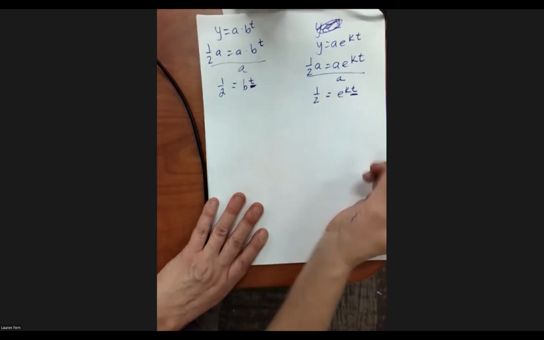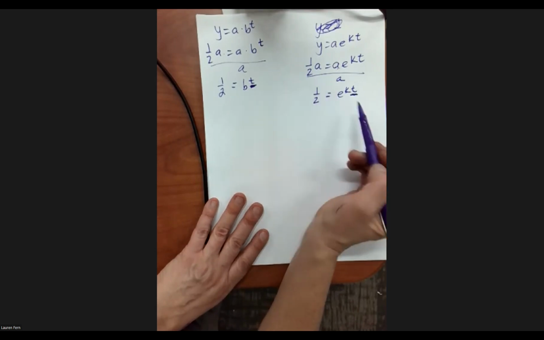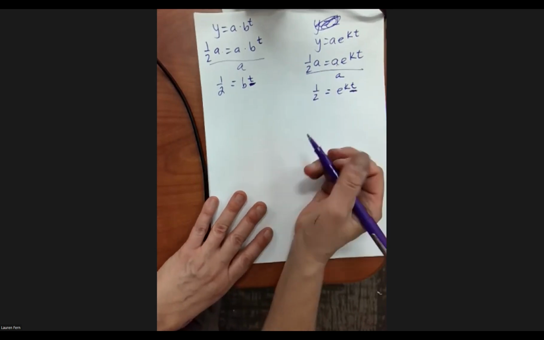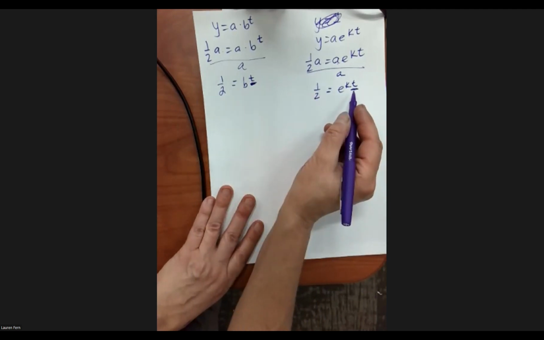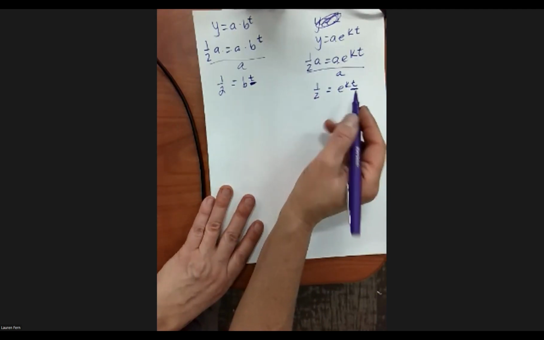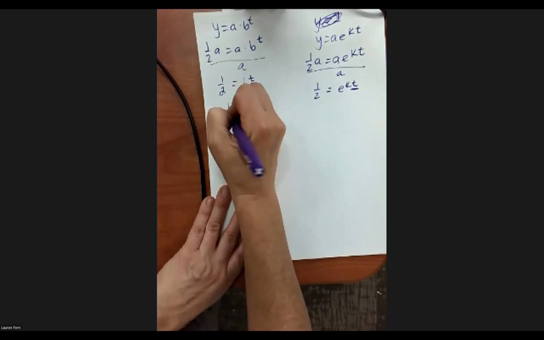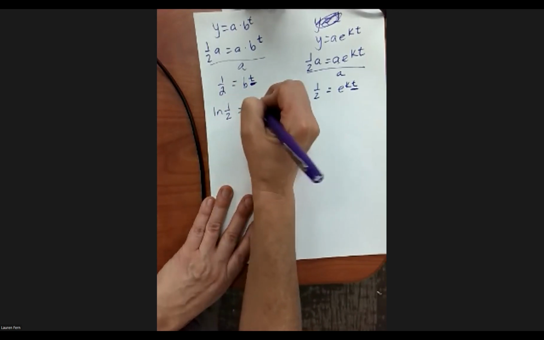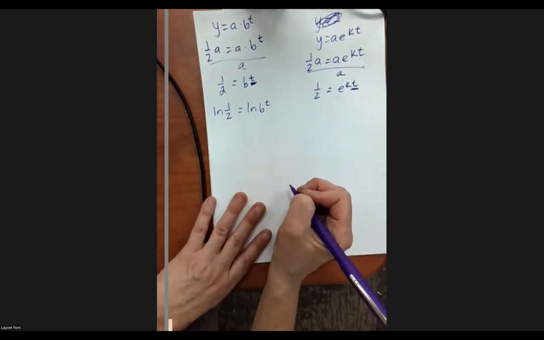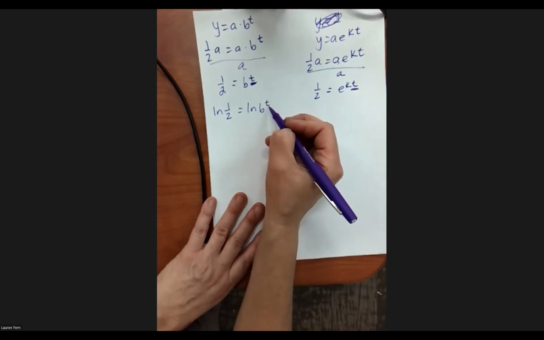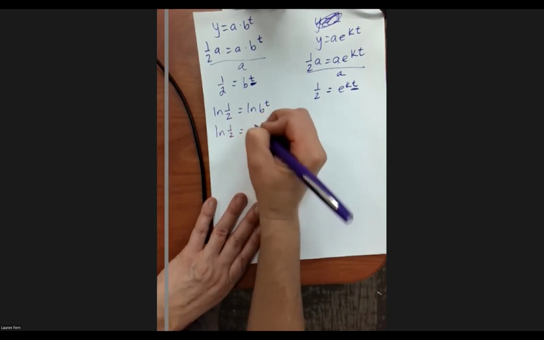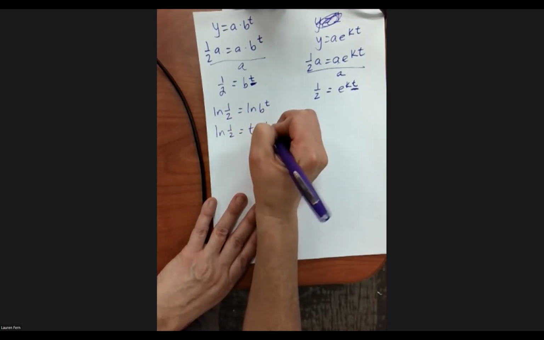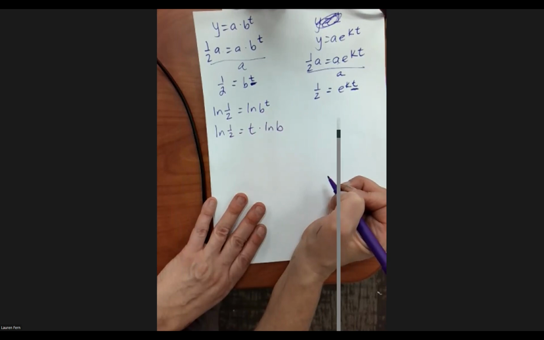Notice in both of these situations, we want to get to our exponent. And Ross, right as you just said, the way we get to our exponent unknown is you take the log of both sides. So watch this. You get the log of 1/2 is the log of b to the t. What can I do with my exponent? Bring it down in front. So I have the natural log of 1/2 is t times the natural log of b.